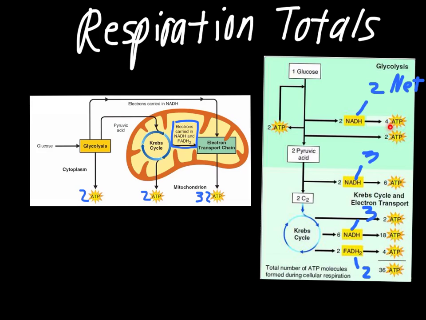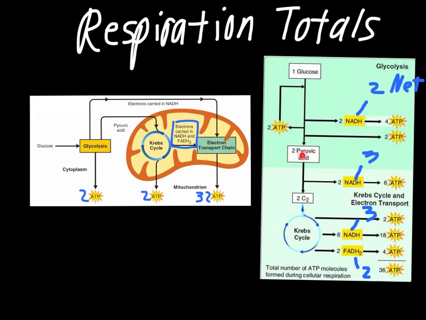So if you add all of these up, the 4 ATP that we get from the 2 NADH from glycolysis, the 2 net ATP made directly in glycolysis, the 6 ATP that come from the NADH made before we get into the Krebs cycle. These are the NADH that come directly from the pyruvic acid.